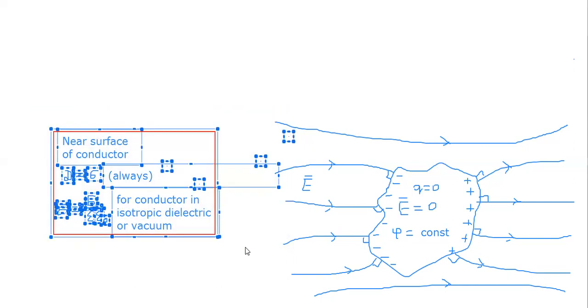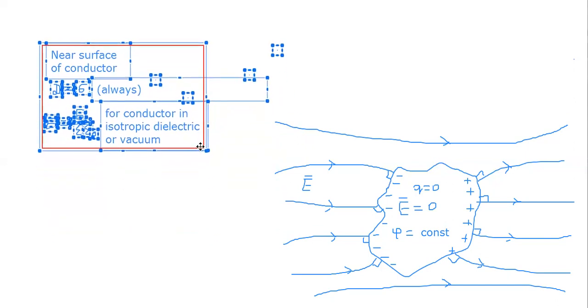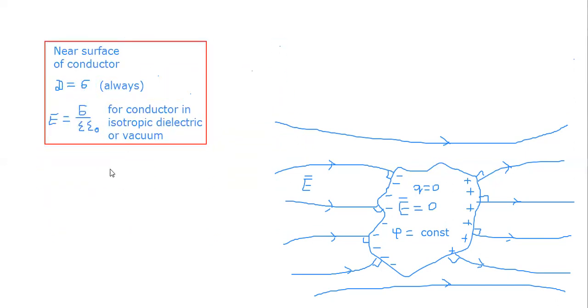And these properties, the absence of electric field inside the conductor, can be used in practice in industry. Maybe you have heard about secured coaxial cable or coaxial wire.